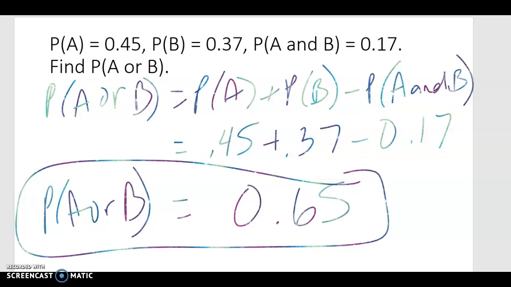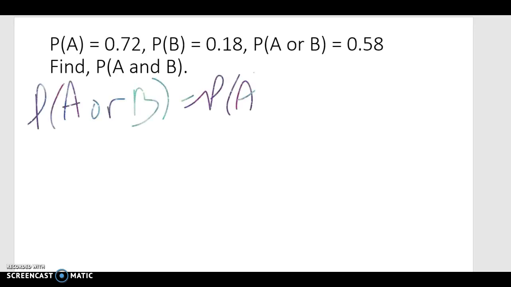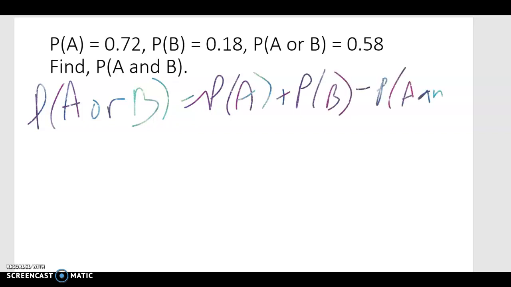And I want to do one more where now we're trying to find the overlap. If we know the probability of A or B, given the probability of A and the probability of B, we can find the overlap. Now, remember that this formula, the probability of A or B, equals the probability of A plus the probability of B minus the probability of A and B, has four spots.